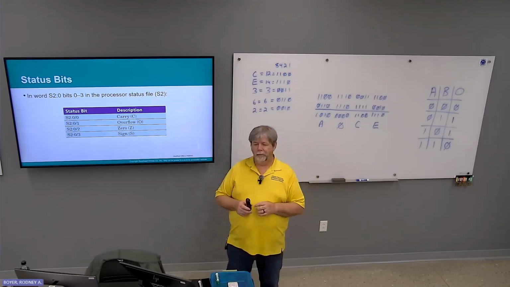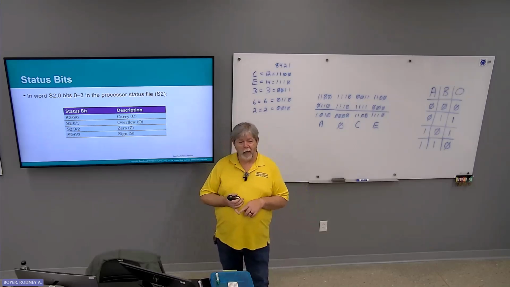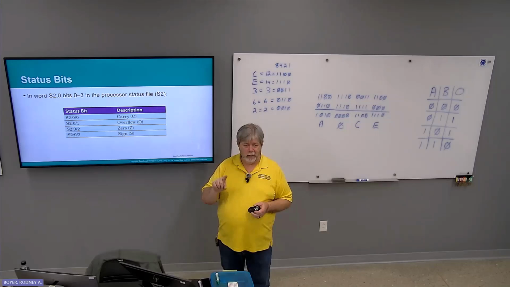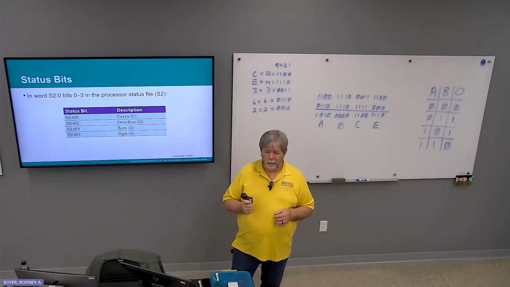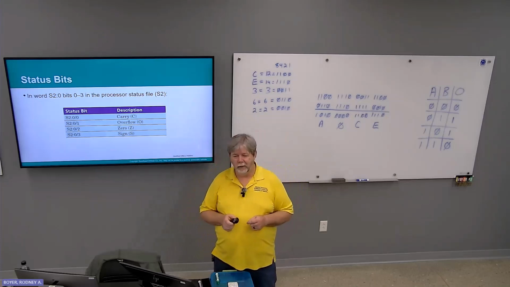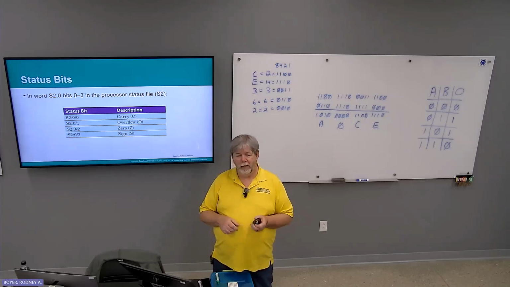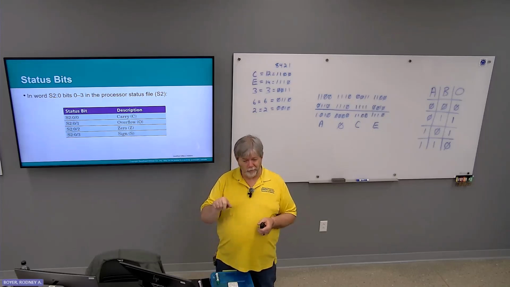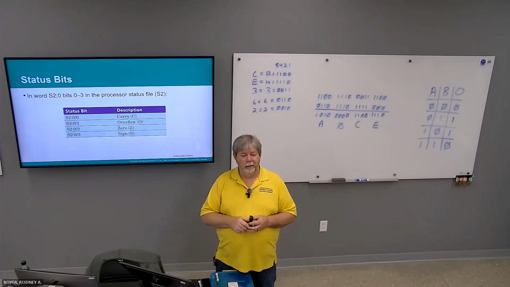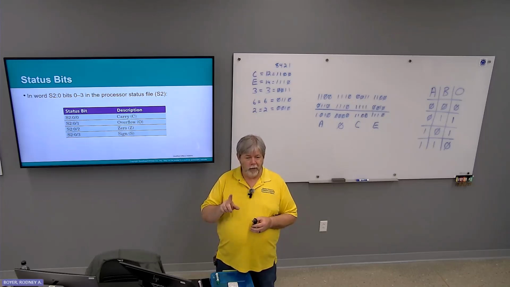That kind of thing. You also have the free running clock, which those bits toggle at regular intervals. On the MicroLogix, it runs in microseconds. So bit 0 is on for 1 microsecond, off for 1 microsecond. Bit 2 is on for 2 microseconds, off for 2 microseconds.